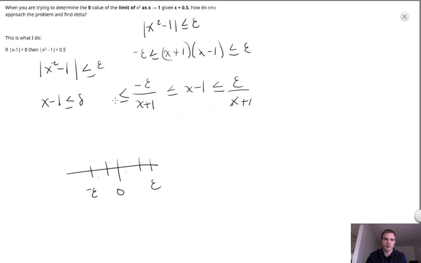So this is less than or equal to epsilon. And then this is epsilon divided by x plus 1. This is negative epsilon divided by x plus 1. So this is less than or equal to epsilon. That's the correct way.